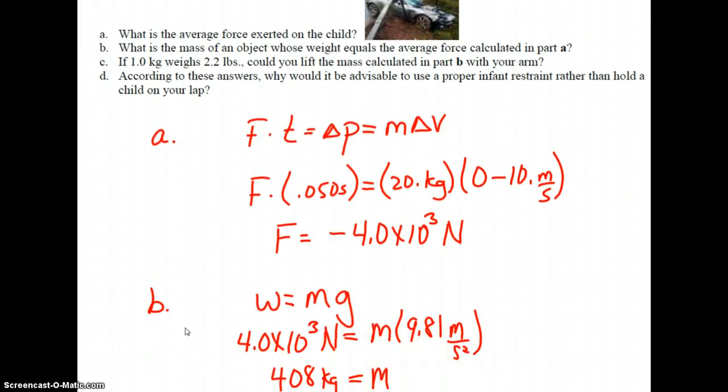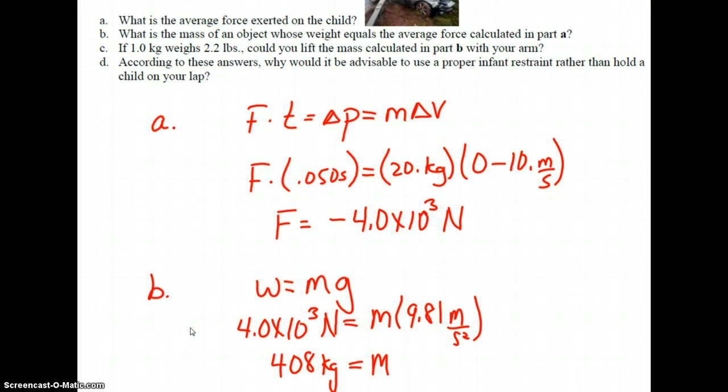All right, now we take this force and convert it to mass as requested here in B. We do a quick little W equals mg. Our 4,000 newtons of force divided by 9.81 meters per second squared gives us a mass equivalent of that force of 408 kilograms.